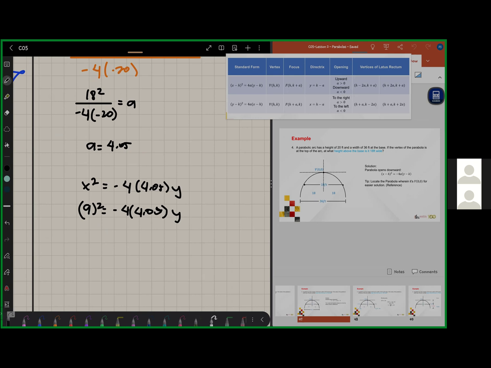Solving for our y, we divide both sides by negative 4 times 4.05, giving us 9 squared all over negative 4 times 4.05 is equal to y.